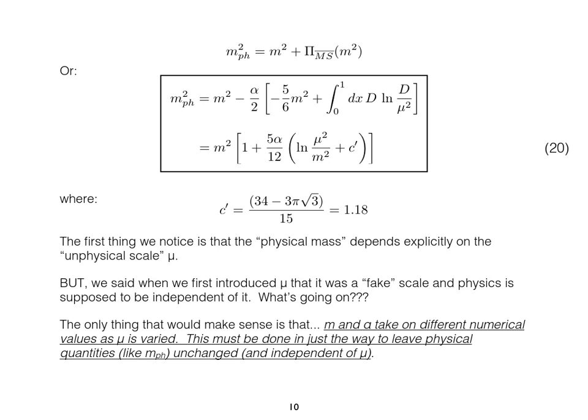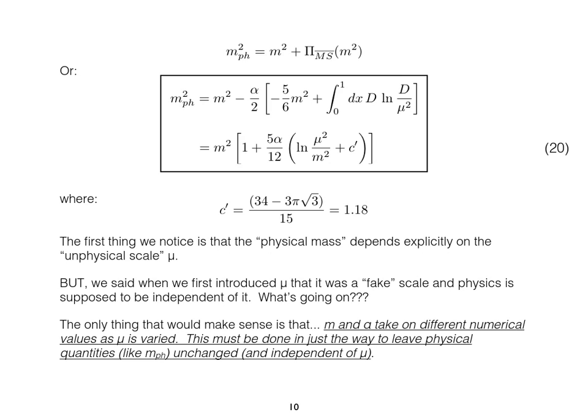So we've got to figure out what's going on. This is where you have to take a leap of faith. We know that m physical squared is what it is; we measure it.